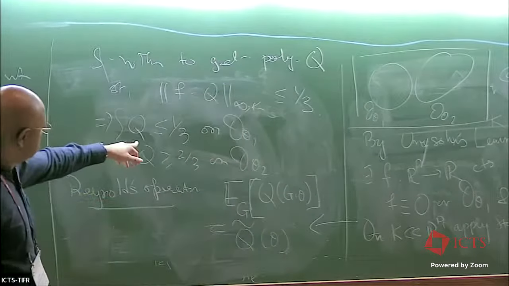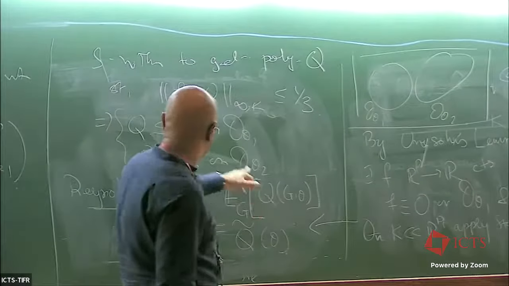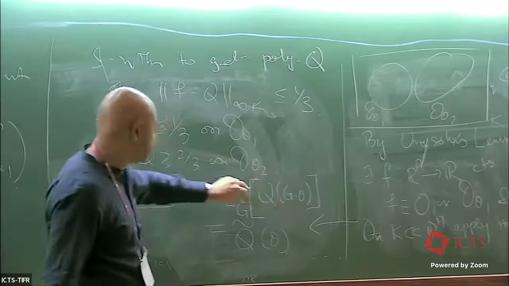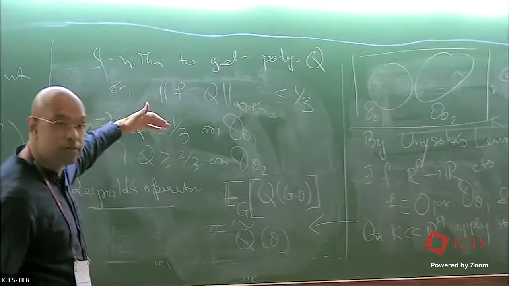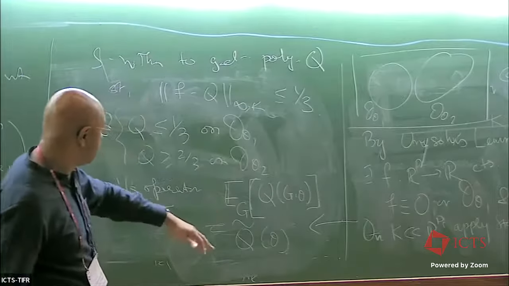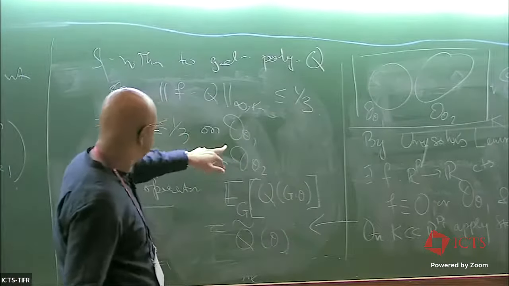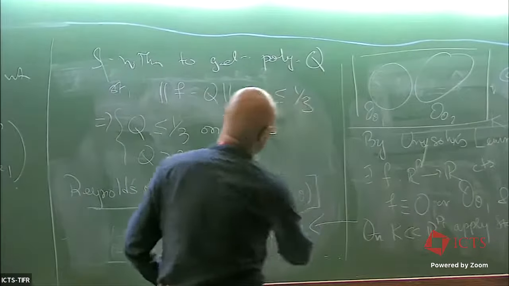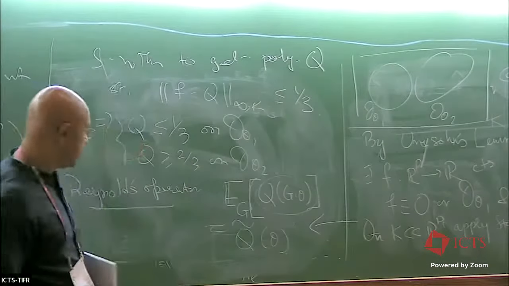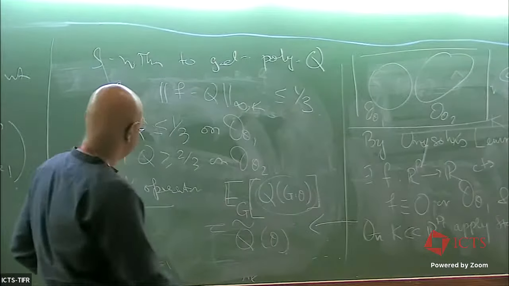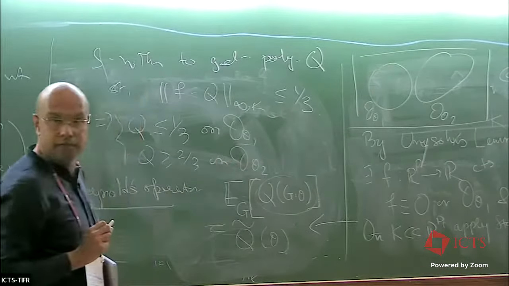Now, the orbit is invariant under the action of G. The object inside the expectation is always less than or equal to 1/3 on the orbit of θ1. So when you average over the group, all the time this will be smaller than 1/3, and therefore this average value is also going to be smaller than 1/3 when θ belongs to the orbit.